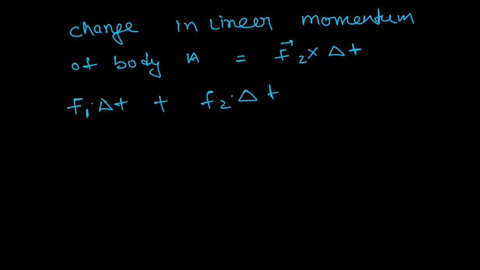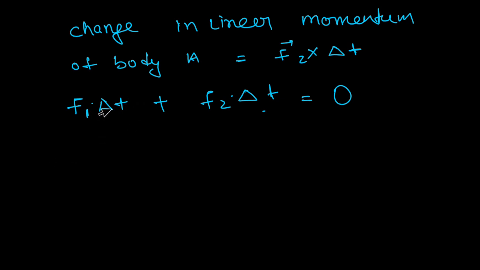Since the system of body A and B was isolated, that is no external force was acting, linear momentum will be conserved. So linear momentum of system A and B will be conserved or constant. So change in linear momentum will be 0. So change in linear momentum of body B plus change in linear momentum of body A, that is total change in linear momentum of system A and B, will be 0, since no external force is acting on body A and B. That is, system of body A and B is isolated.